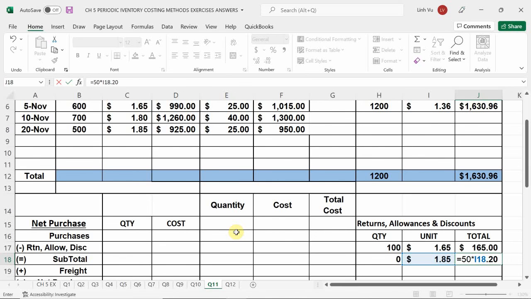So 20% of those 50 items at $1.85 is $18.50. Good, $18.50. Okay.